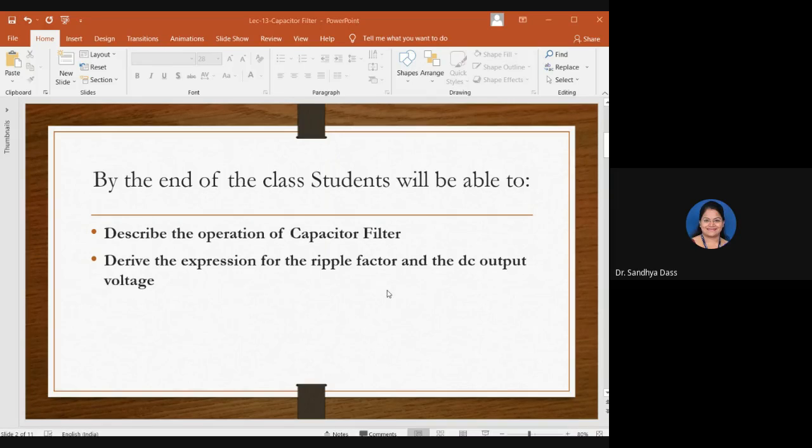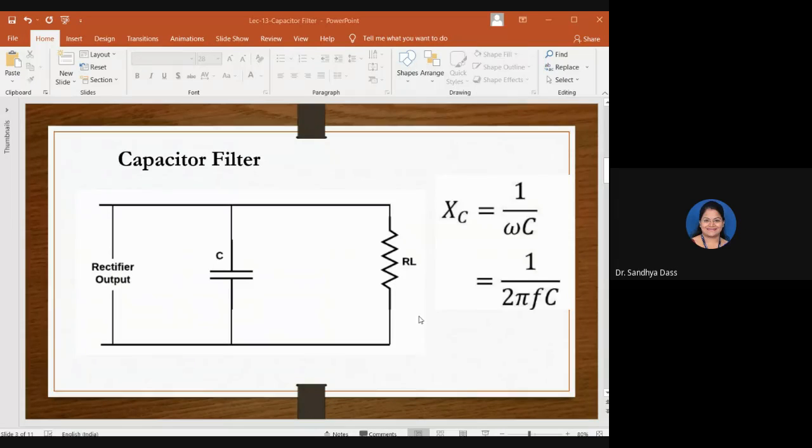Thus a filter is an electronic circuit composed of a capacitor or inductor or a combination of both, connected between the rectifier and the load, to convert the pulsating DC from the rectifier output to pure DC. The two types of filter circuits are the capacitor filter and the choke filter.